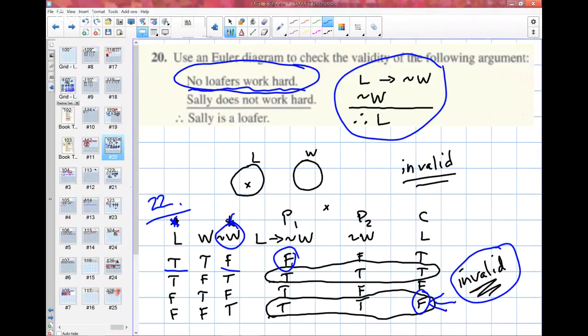You're right, that would make it hard to do. But would you agree that another way to say no loafers work hard is, if you're a loafer, you don't work hard? Yeah.